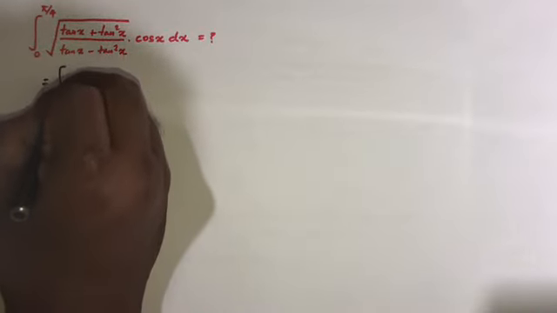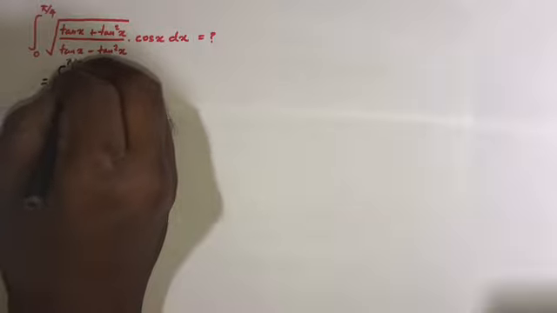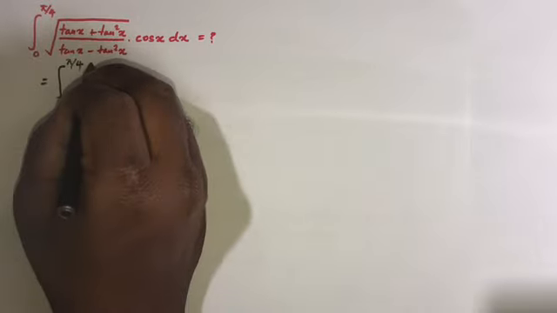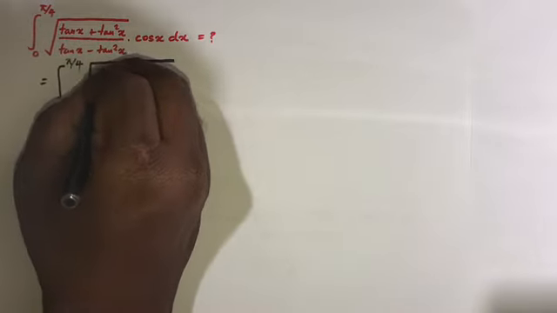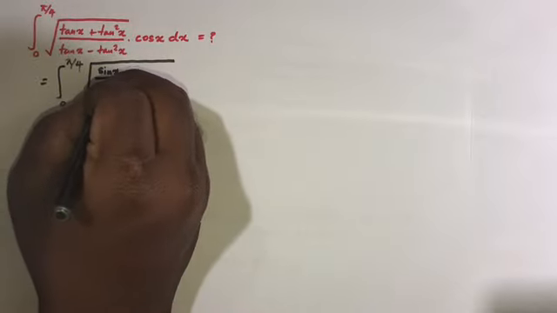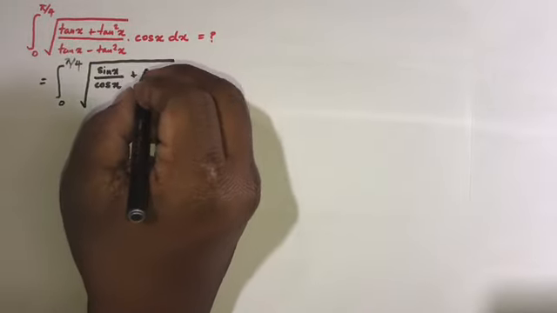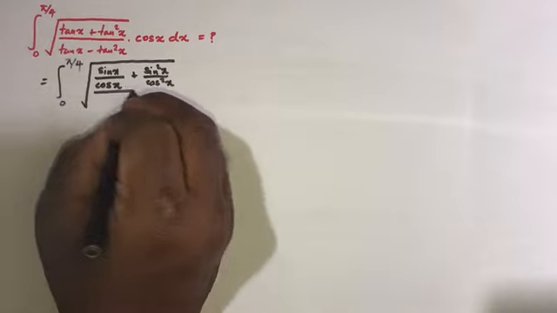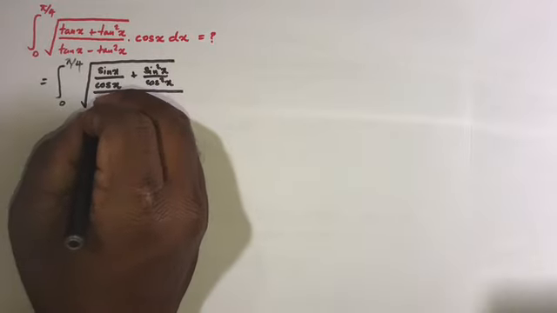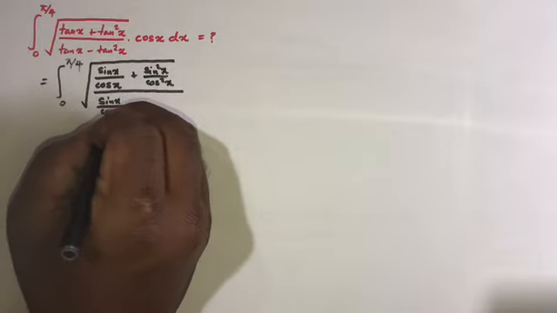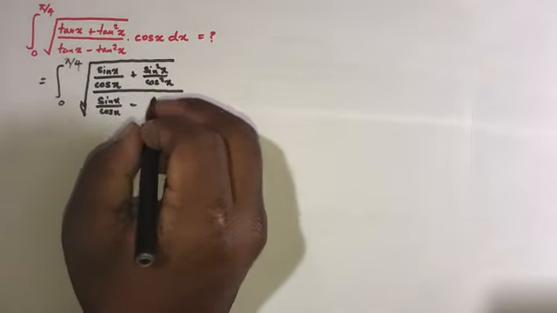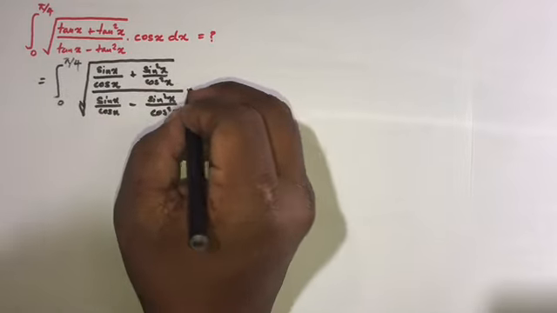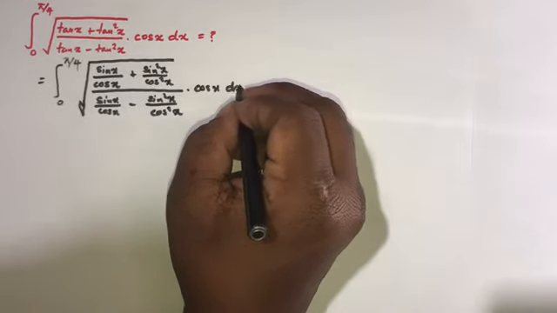So we can write the integral from 0 to pi over 4 of the square root of (sine x over cosine x plus sine square x over cosine square x) over, in the denominator, (sine x over cosine x minus sine square x over cosine square x), and here cosine of x dx.